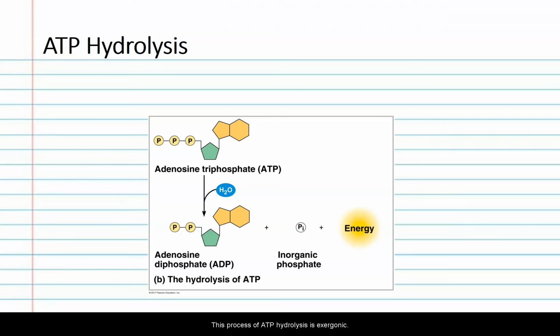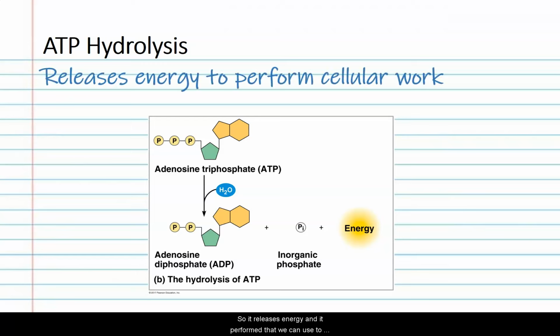This process of ATP hydrolysis is exergonic. So it releases energy, and that we can use to perform cellular work. The amount of energy, the delta G for the hydrolysis of ATP, is negative 7.3 kilocalories per mole.